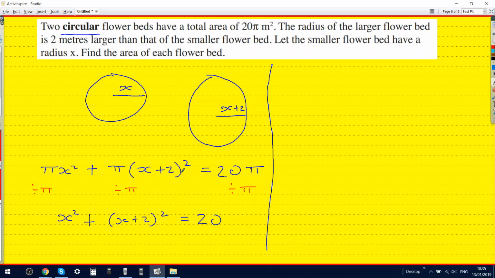So, x squared... So the x plus 2 squared would become x squared plus 2x plus 2x again plus 4 and then equals 20. Okay, so we can simplify that to 2x squared plus 4x plus 4 equals 20.